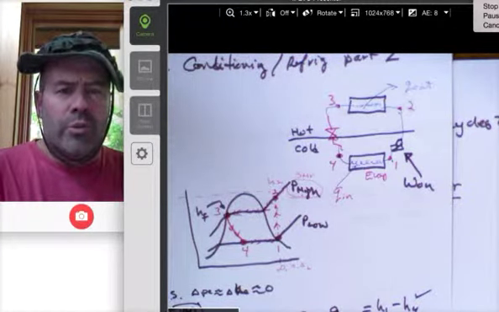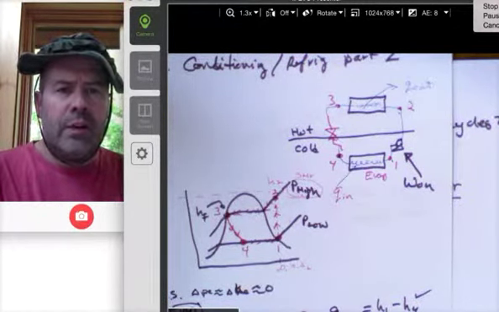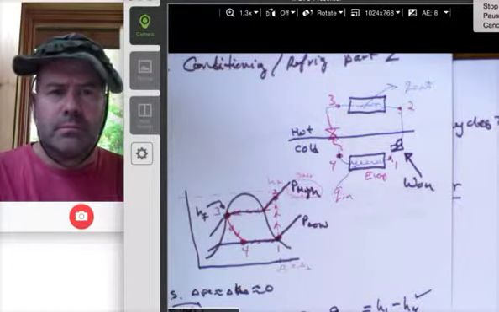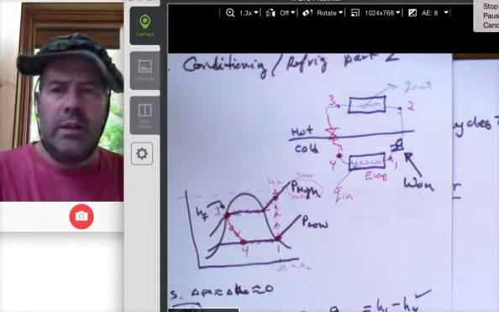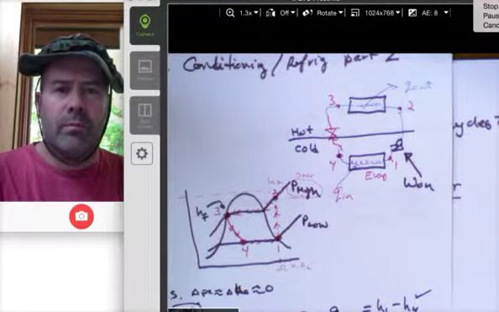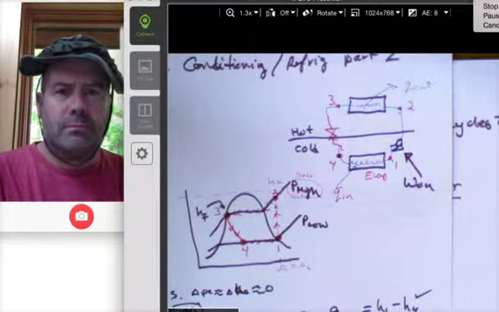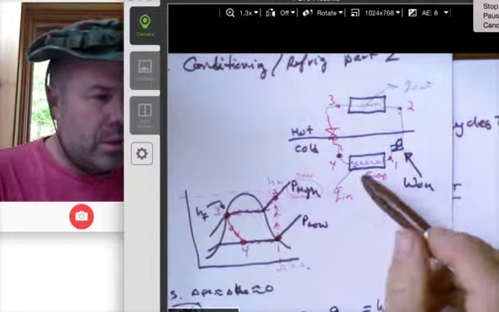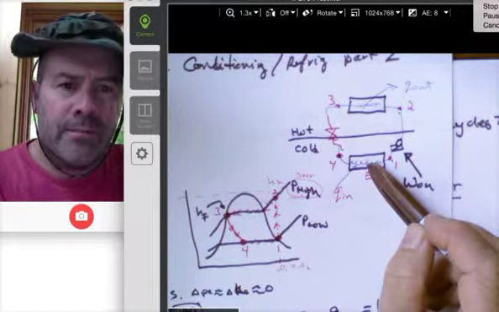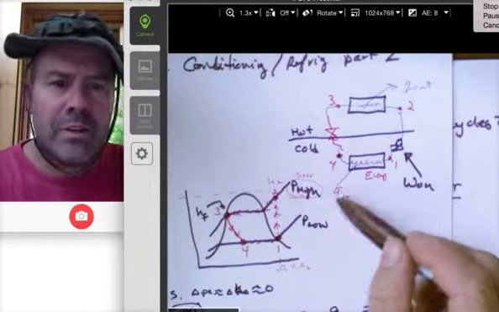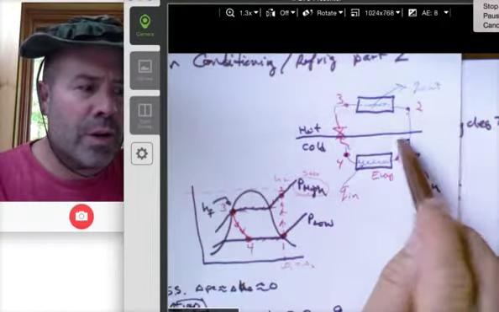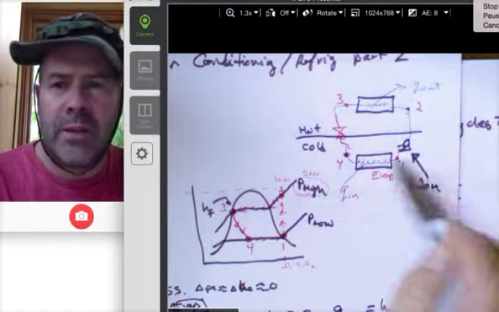Which of those three energy transfers is the one we want in an air conditioning system? It's the heat transfer in. Because the heat transfer into our coolant is the heat transfer out of the cold space.